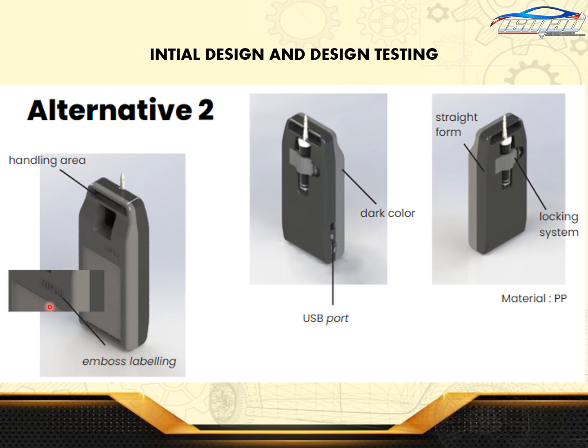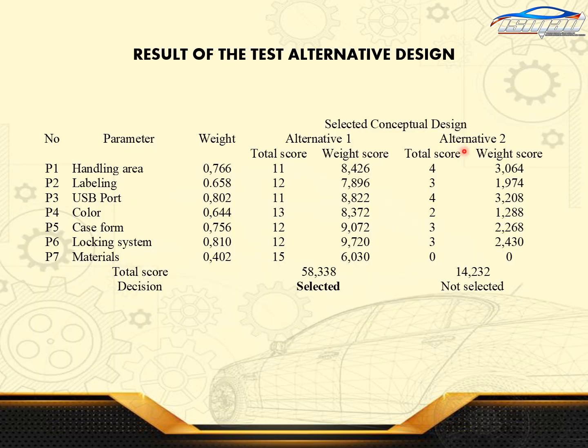After the two of them have been produced, we have to ask the next respondents which one is the best. Here we consider the 7 parameters: handling area, labeling, USB port, coloring, case form, locking system, and materials.